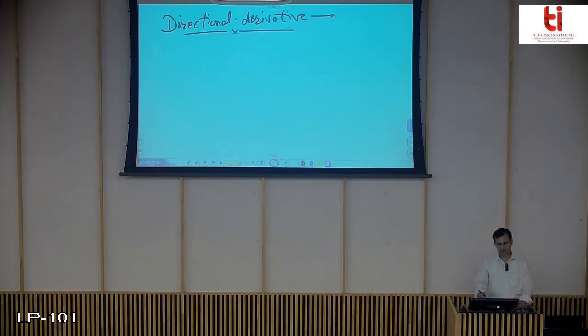Now see, in the directional derivative, what is the basic ideology behind directional derivative? Before that let me just start from the one variable function y equals f of x. We have dy dx or df by dx, whatever you want to say.